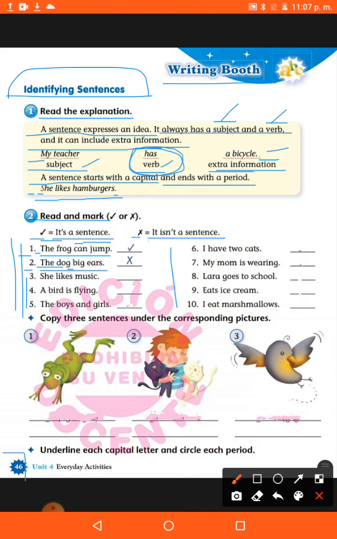after that you are going to copy 3 sentences under the corresponding pictures. So you are going to look at the picture number 1 and you are going to write a sentence, only one. Okay, so that means that you have to write one sentence for each picture.